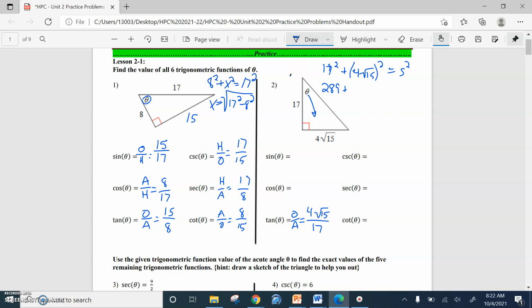In other words, I can write that as 4 squared times the square root of 15 squared, and that equals side squared. All right, so that's what I'm trying to say. And what that does is it allows us to get that square root out of there, again, without any kind of decimal approximations. So 289, well, 4 squared is 16, and the square root of 15 squared is 15. So 16 times 15.